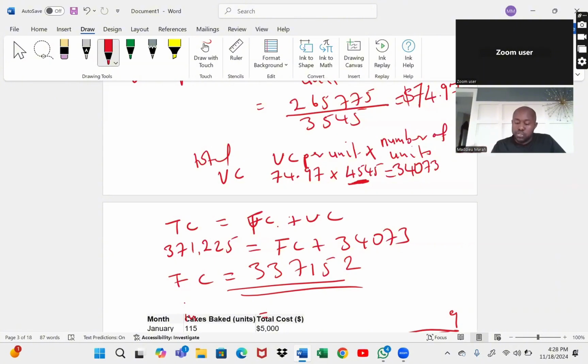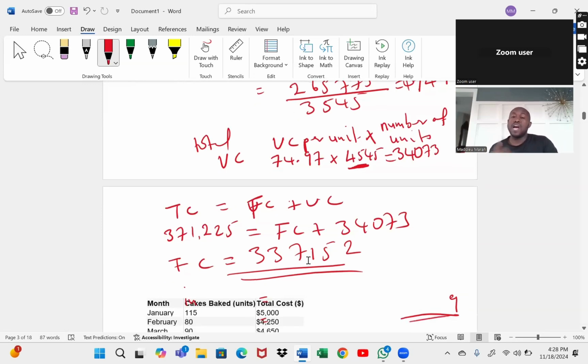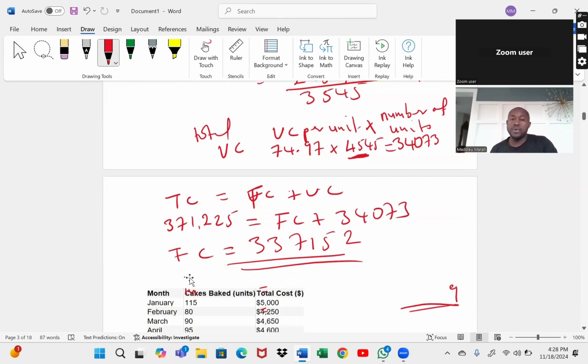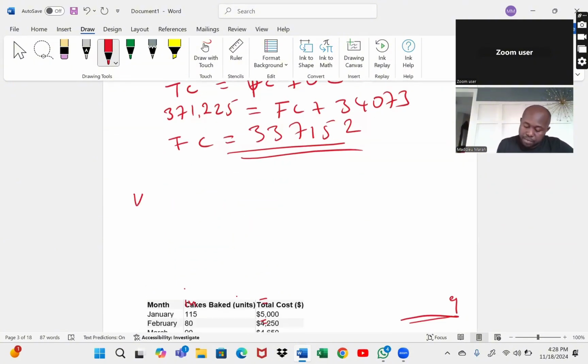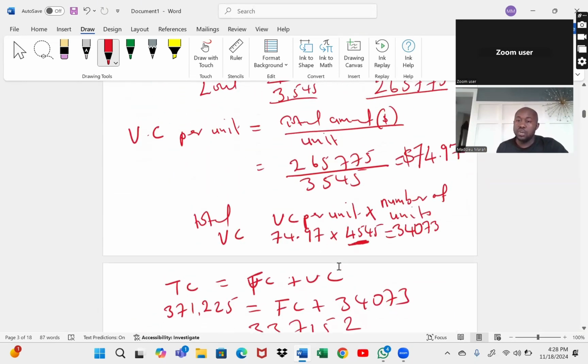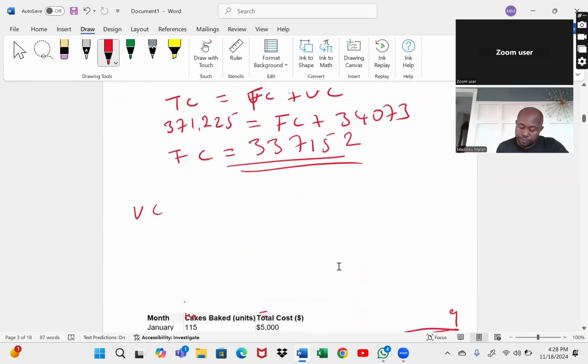This ends the question for the fixed cost and variable cost. If we had used the low activity, for learning purposes, let's see how it would look. We have our variable cost per unit calculated already to be 74.97.